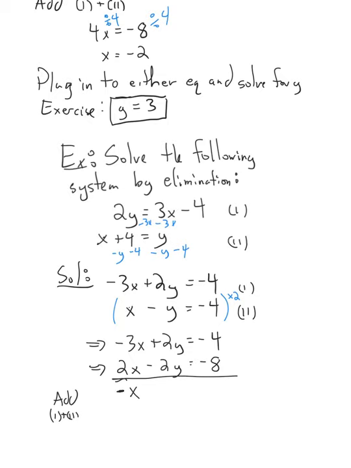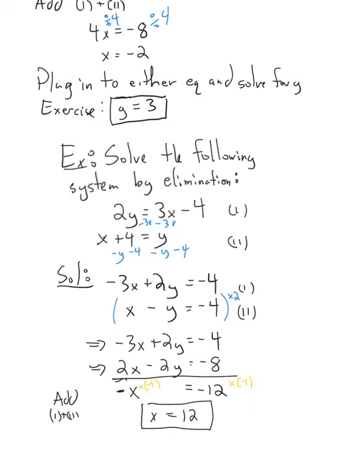We eliminated the y's, plus 2y minus 2y is 0y, and negative 4 minus 8 is negative 12. So we have negative x equals negative 12. We multiply both sides, or divide both sides, however you want to look at it, by negative 1, and we get that x equals positive 12.